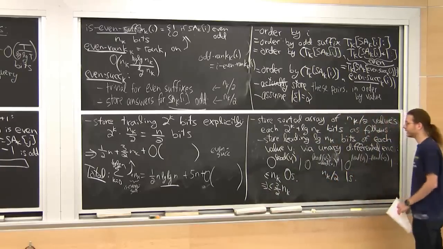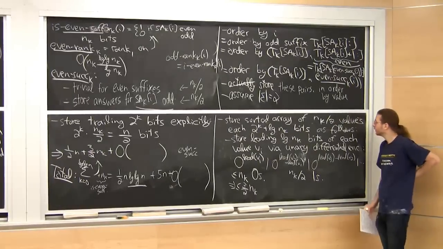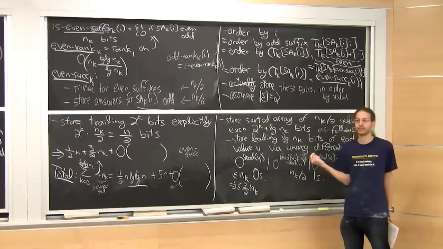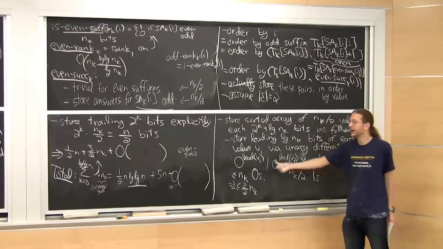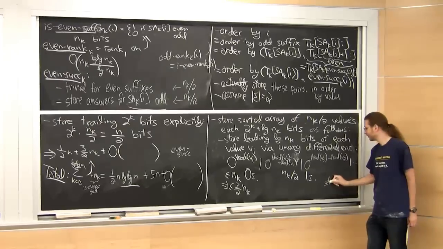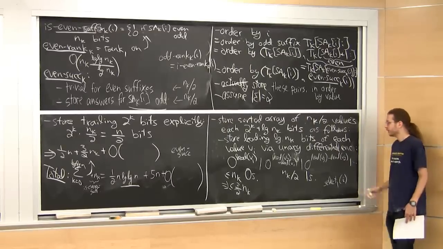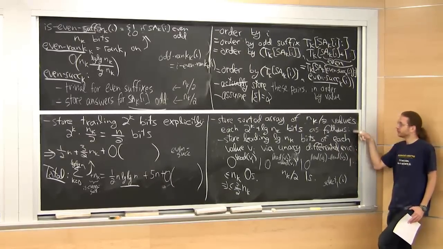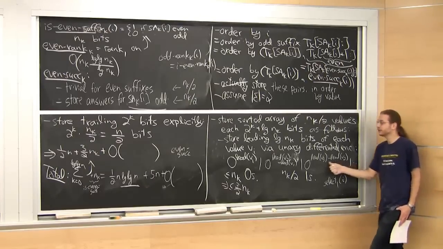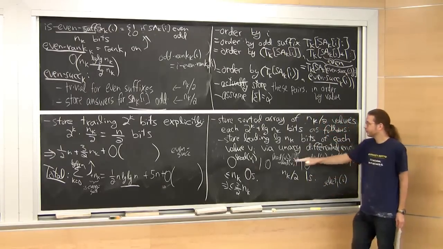Well, first thing is to compute the leading bits. Actually, computing leading bits is really easy if I have rank and select. If I'm trying to index into index i, I want the ith 1 bit. If you look at the ith 1 bit, which is select sub 1 of i, which we already know how to do, then that corresponds to the ith value. And in particular, if I look at how many zeros there are up to that point, it's going to be the sum of this plus this plus this.